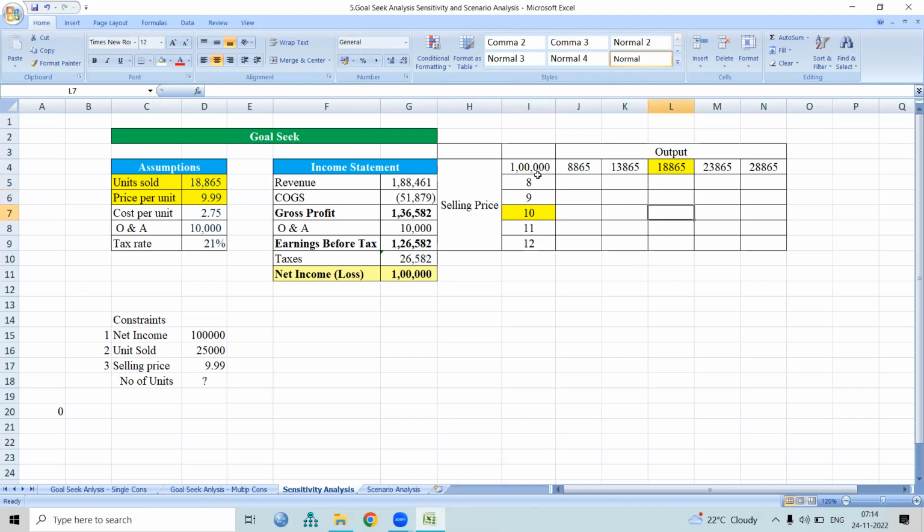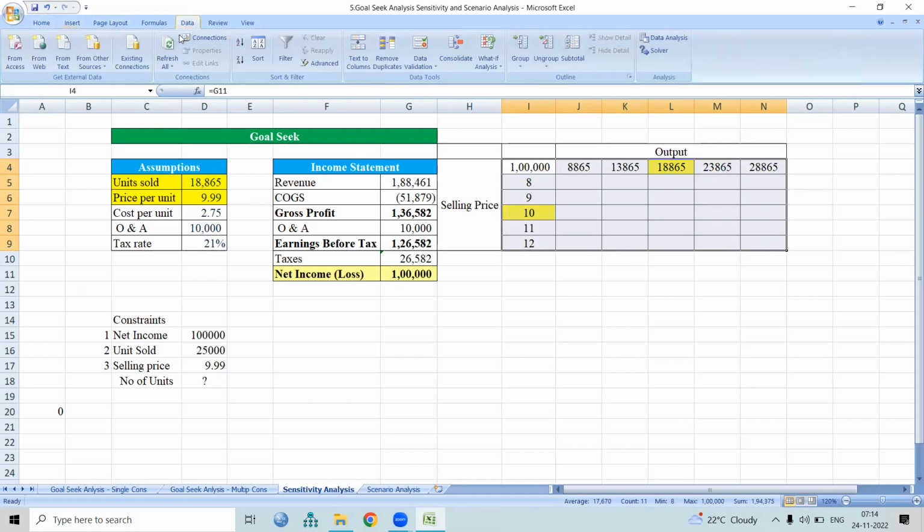How do you fix this now? So we'll select these values. Let's go to the data menu. Go to what-if analysis. In that, select data table.